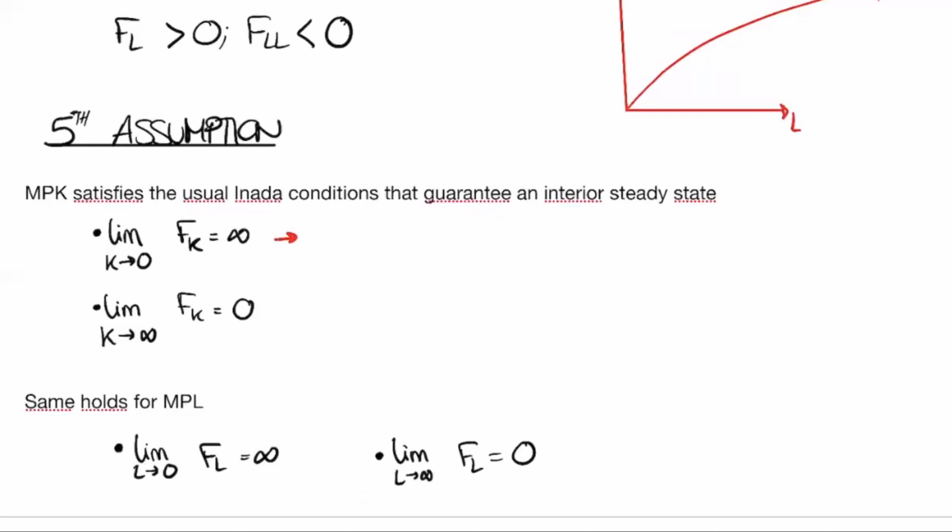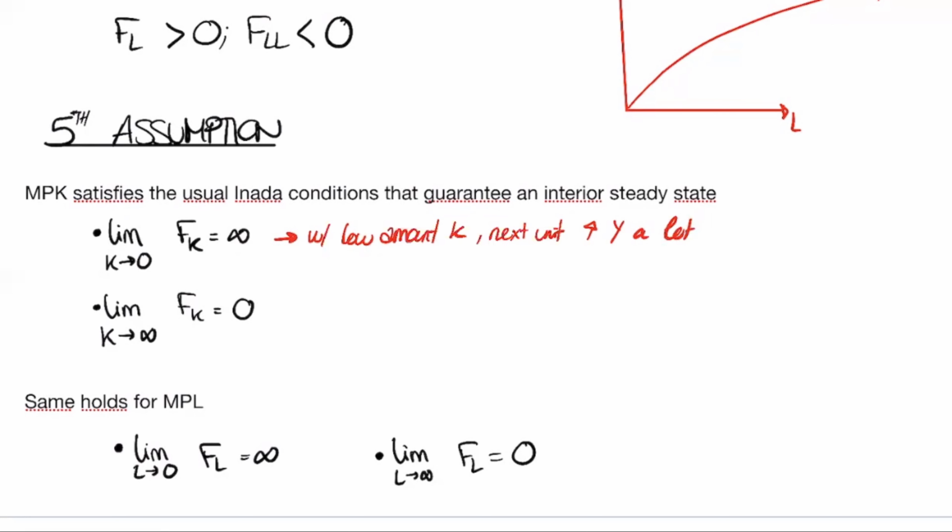So it means that with a low amount of K, when it's close to 0, the next unit increases output a lot.